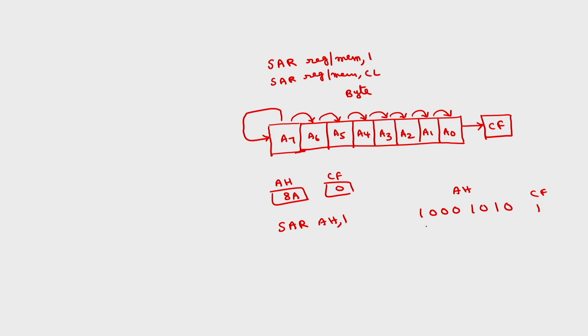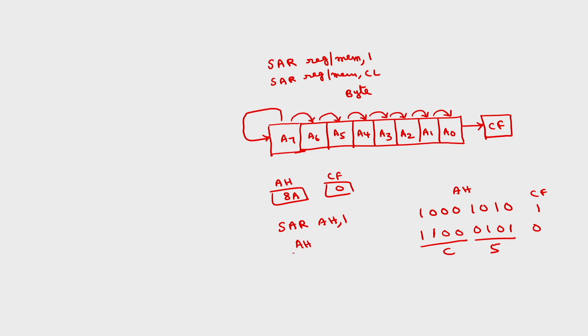After the instruction, what happens? This 1 will transfer to here, 0 to here, 0 to here, this 0 here, this 1 here, 0, 1, this 0 will go to the carry flag, and the same 1 bit will be copied here also. So this becomes C5 and carry flag is reset.